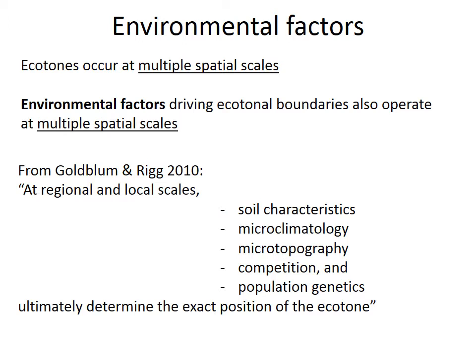Microclimate can be influenced not only by the vegetation but by the topography. You can have north slopes and south slopes and so on. And there's competition among the species and genetics, and these interact to ultimately determine the exact position of the ecotone and whether it's broad or whether it's sharp.